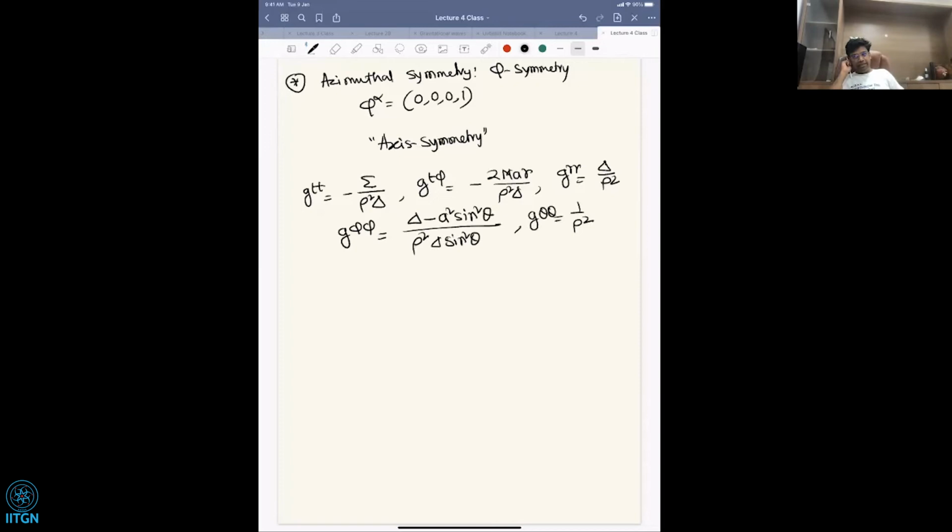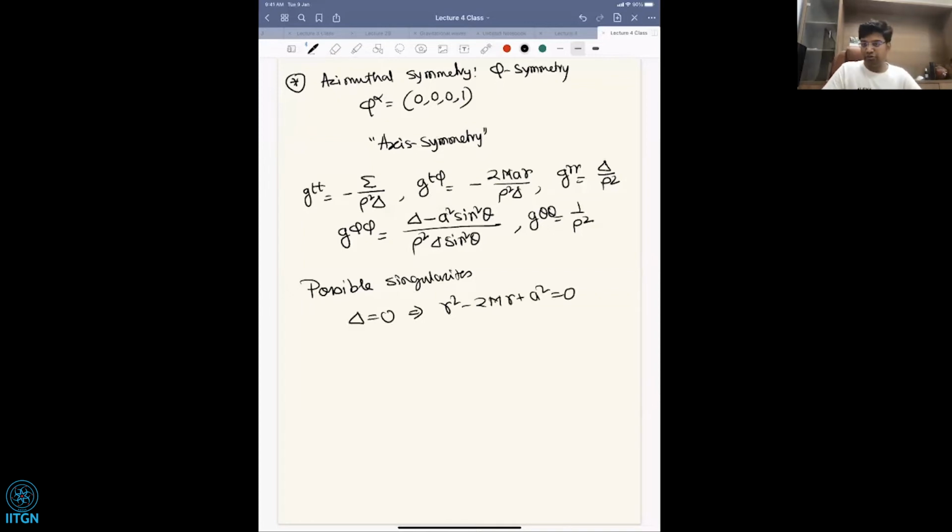Immediately you see that there are two possible sources of singularity. Just like in Schwarzschild metric, r equal to 2m and r equal to 0 were two possible singularities, here you can clearly see possible singularities. Singularities can occur when delta equals 0, that is when r squared minus 2mr plus a squared equals 0.